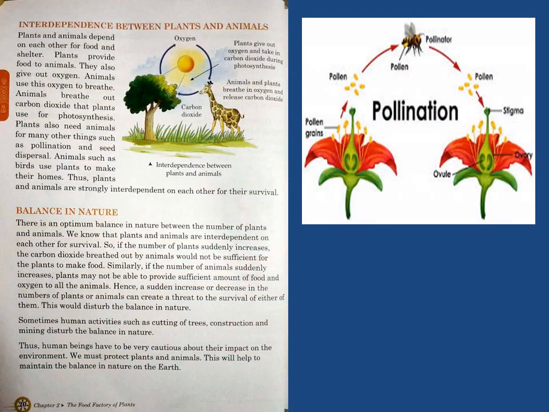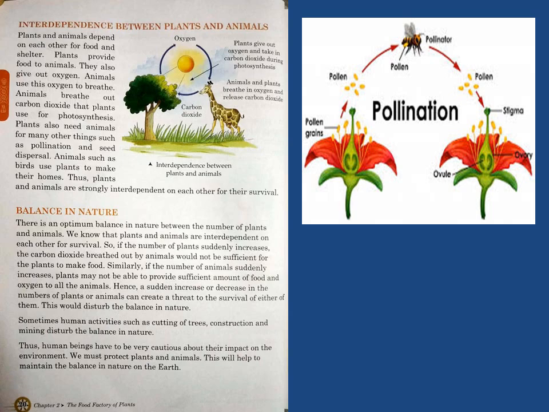Similarly, if the number of animals suddenly increases, plants may not be able to provide a sufficient amount of food and oxygen to all the animals, because we are dependent on the plants for food and oxygen. So if there is a sudden increase in the number of animals, it will again create an imbalance, because the plants will not be able to provide us sufficient food and oxygen.